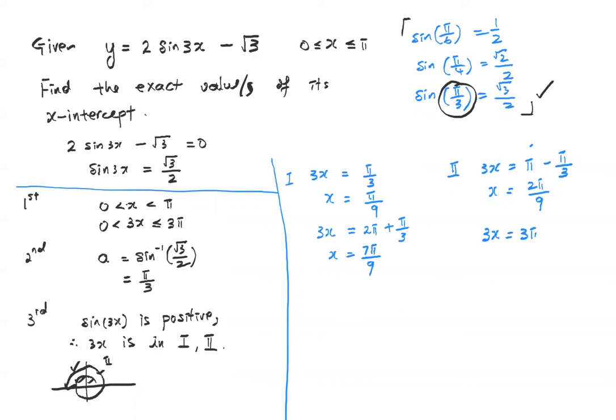You add 2 pi to this one. Yeah? Minus the acute angle. 3 times 3, 9. 9 minus 1, 8. So your x is equal to 8 pi divided by 9. Done. Finished. You get me?